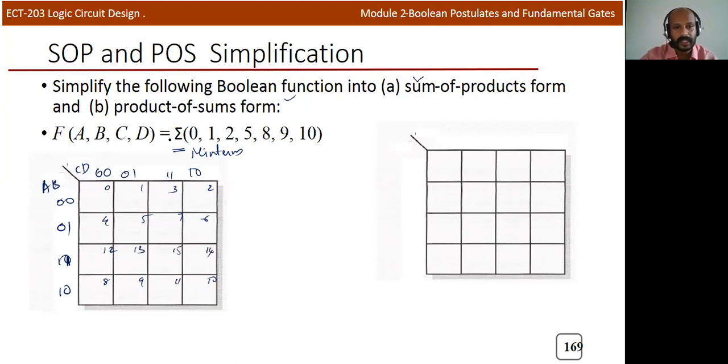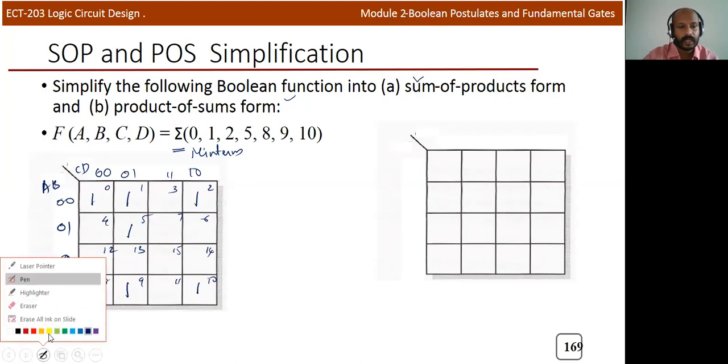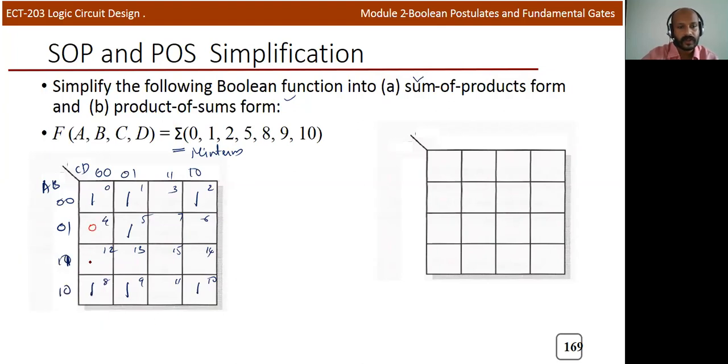These are the min terms given, because it's a sigma term, and we need to indicate 1 for the corresponding terms. So 0 you indicate 1, 1, 2 you indicate 1, 5 you indicate 1, 8 you indicate 1, 9 you indicate 1, 10 you indicate 1. But all other values are 0. There is no don't care condition. All other conditions you put as 0.